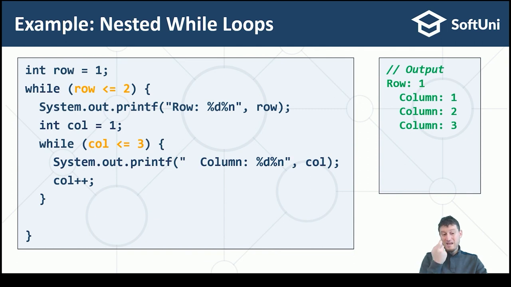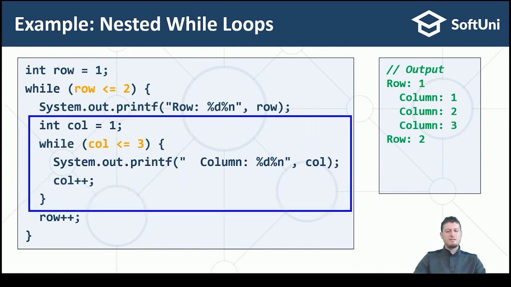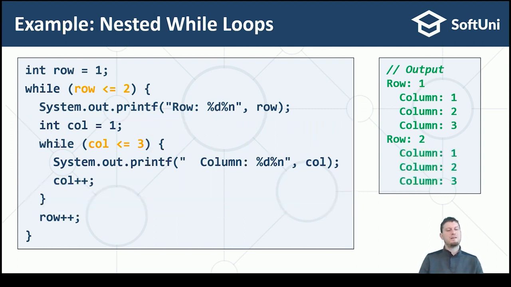Then we increase the row number, and after that the loop repeats. Now the row number is 2, it will be printed, and this code will loop from 1 to 3 and will print column 1, column 2, column 3. It is very similar to what we achieved with nested for loops, but this is done with while loops. I just wanted to show you that we can put one while loop inside another while loop.